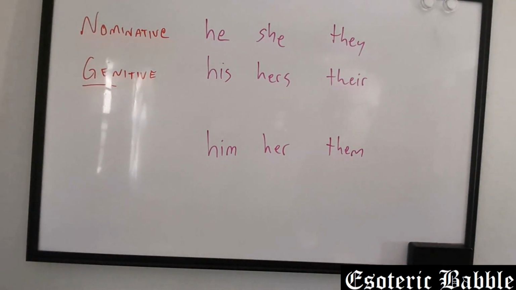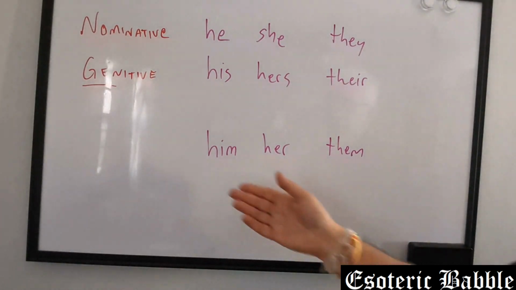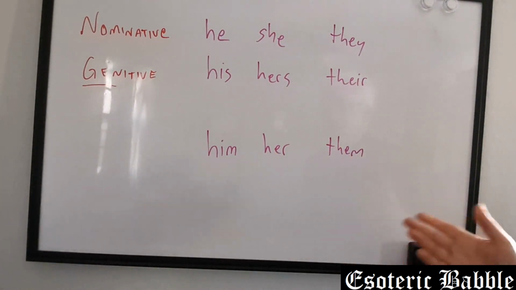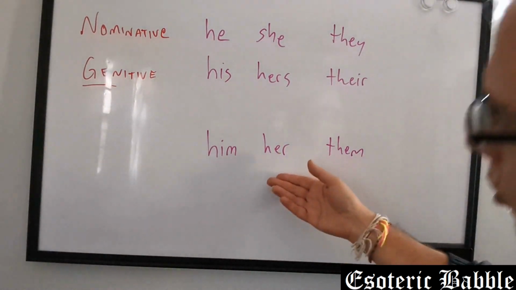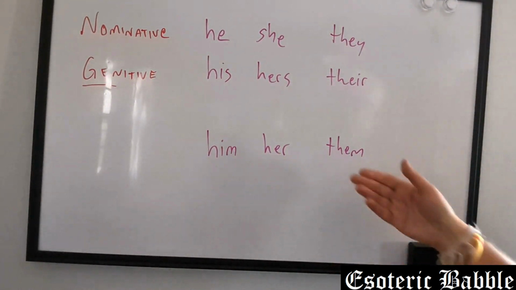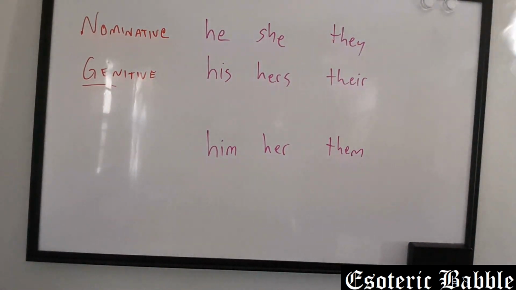That's our starting point. So if we look at this bottom row, him, her, them, all of these words are objects. And so, for instance, the teacher likes him. The teacher asked her. The teacher gave them some books or a list of vocabulary to learn.